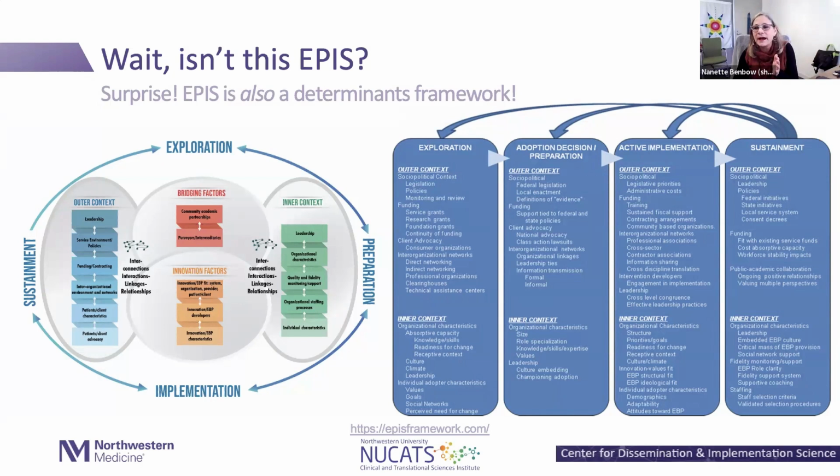So during exploration, there'll be a lot of things that you might encounter that you're not going to encounter doing active implementation. One, because you took care of them, and two, because you're at another phase. So it's really helpful to try to understand what you might encounter at each one of these phases. Next.